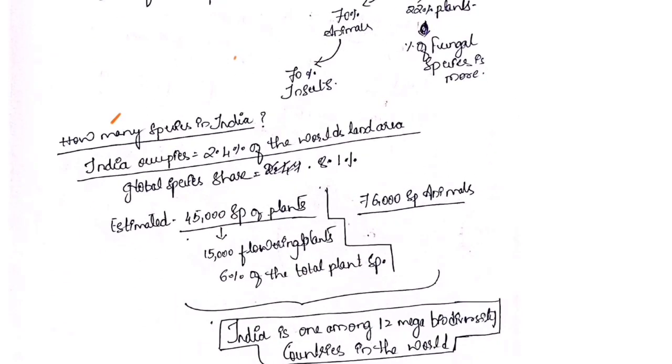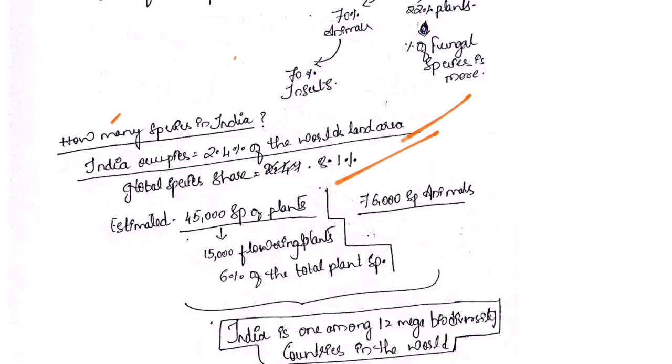How many species are there in India? India occupies around 2.4% of the world's land. So India occupies only 2.4% of the world's land, but it has 8.1% of the species diversity. So India's species share is 8.1%.